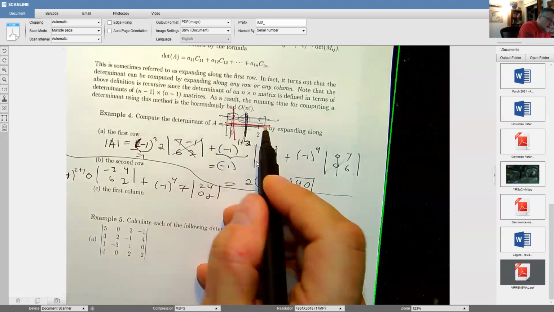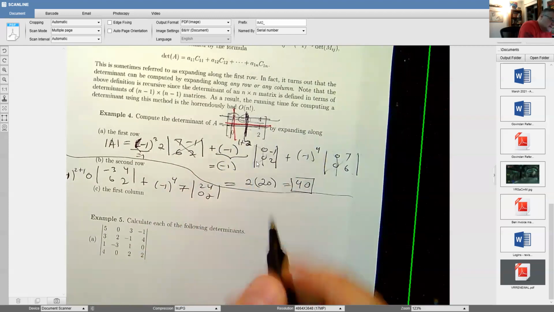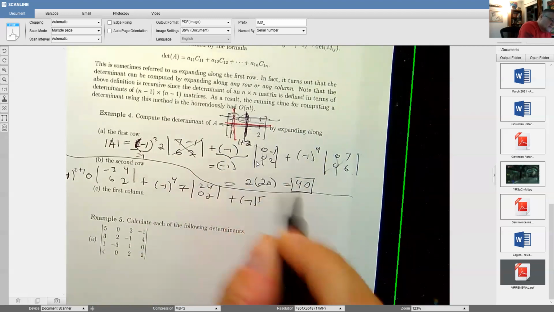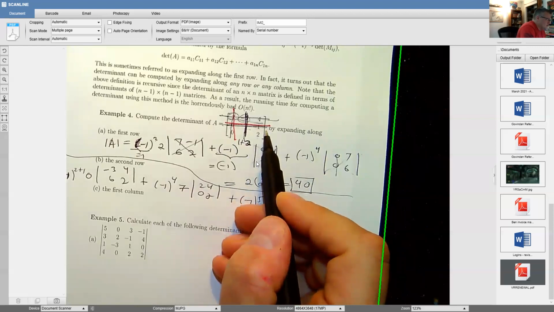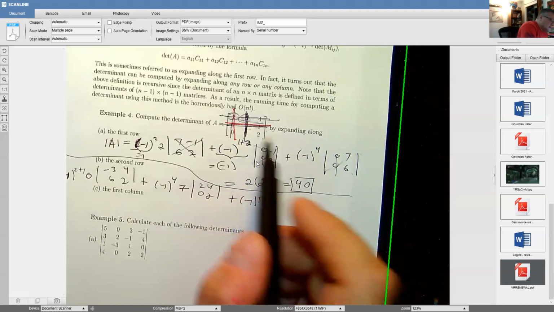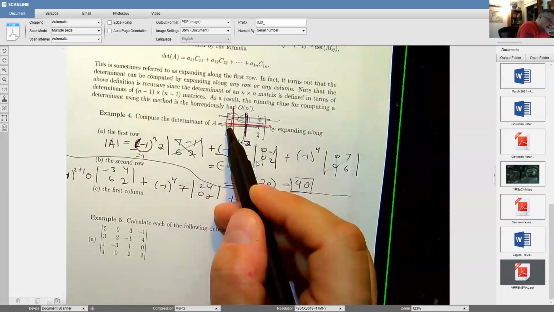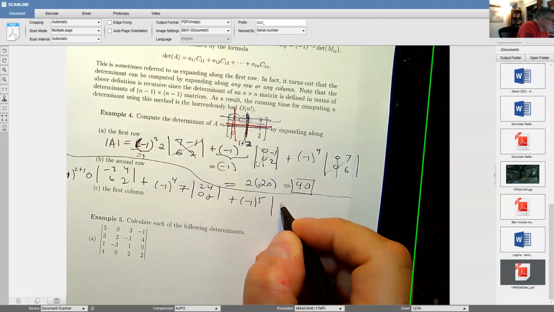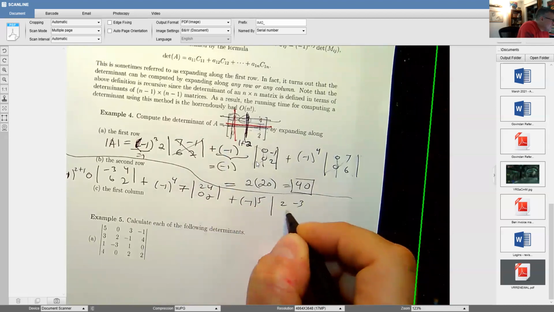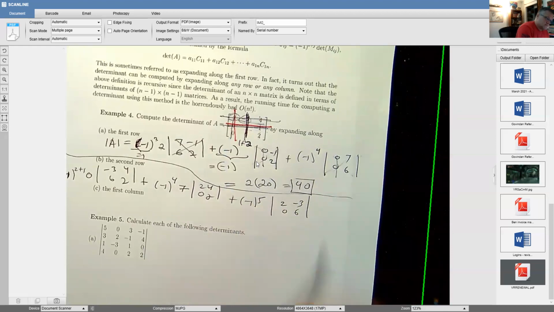Right after I threw those guys out, those are what remained. And then plus -1 to the 5th. So I'm using this guy. That's the second row, third column. 2 plus 3 is 5. And then cross out the row and column containing it. And then what I get left over is 2, -3, 0, 6.